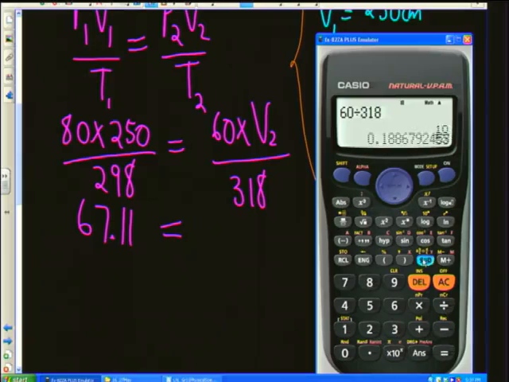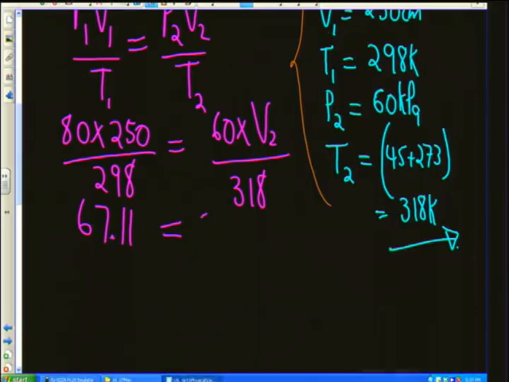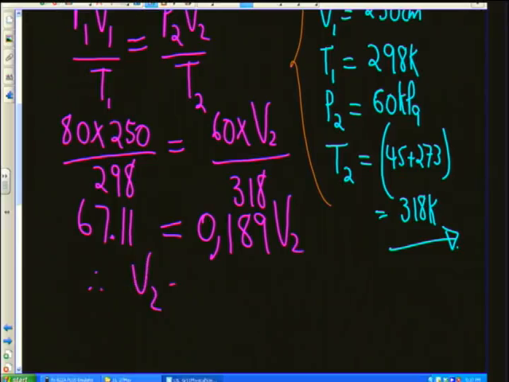What is that? 0,189. So this would be equal to 0,189 V2.